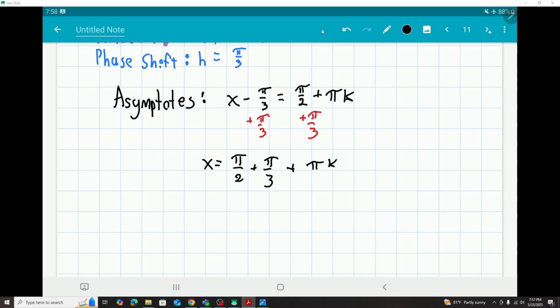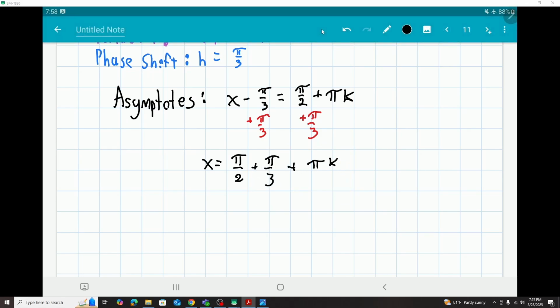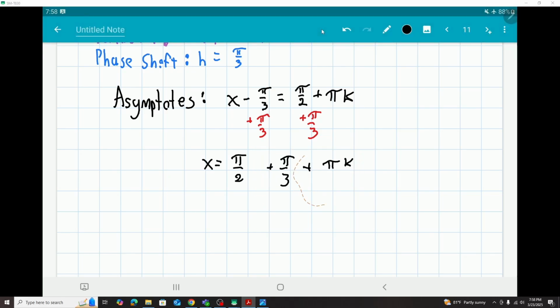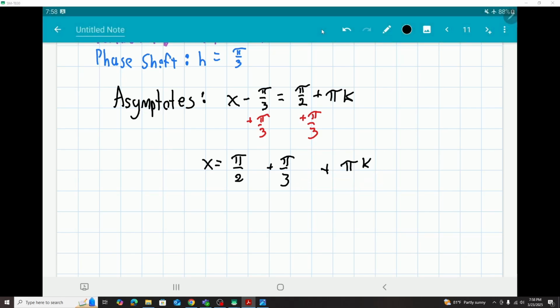Let's get a common denominator for this. So my hope is you're watching this and you already know how to find a common denominator, or even better, that you already have. But in case not, I take this denominator, multiply by it over itself on the other fraction, repeat over here with this fraction.